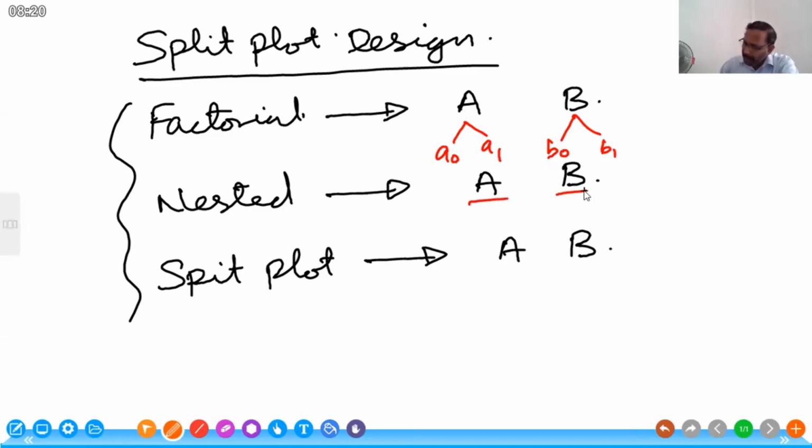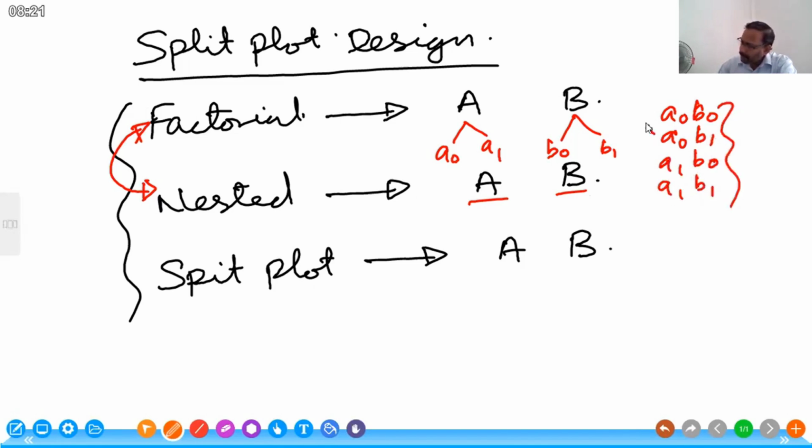We have already seen the difference between these two. Because in factorial, all the combinations are possible. Right? A0, B0, A0, B1, A1, B0, A1, B1. So these are all the possible combinations in a factorial experiment.